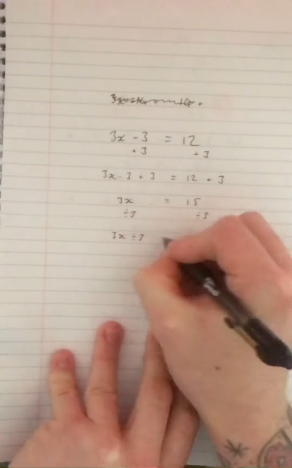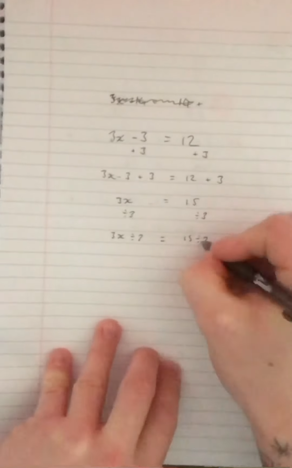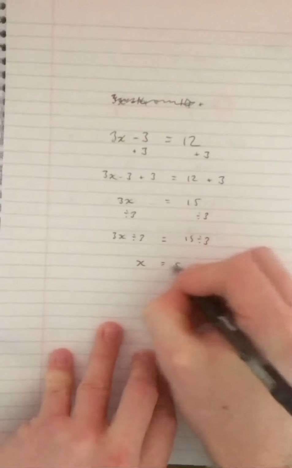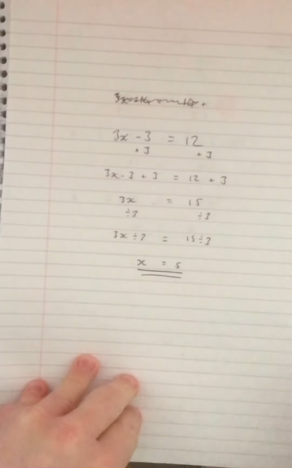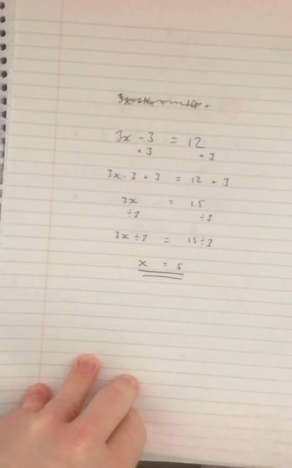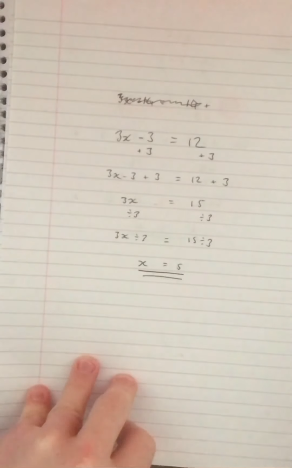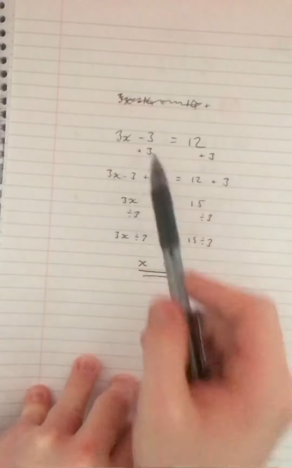So just finally, we're going to divide both sides by 3, and we get x is equal to 5. Okay? Hopefully you got that right. If you didn't, try the equation again. Rewind the video so you can only see the equation and try and solve it again. It doesn't matter that you've seen my working.